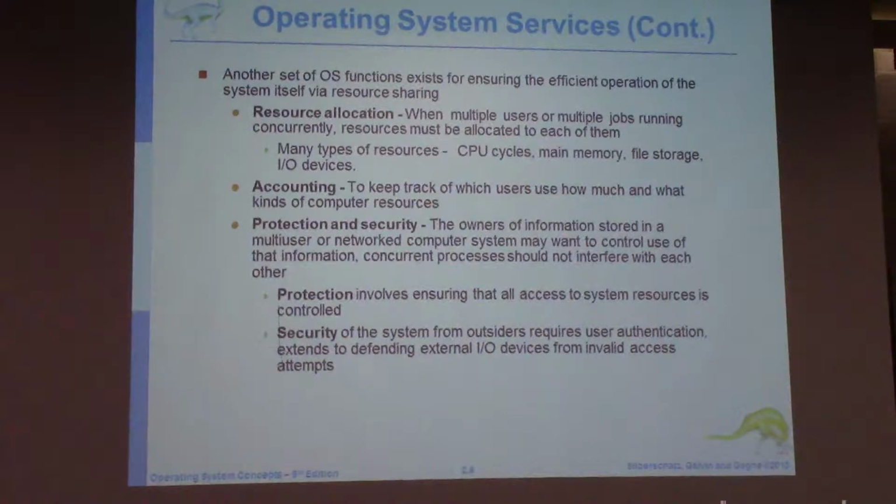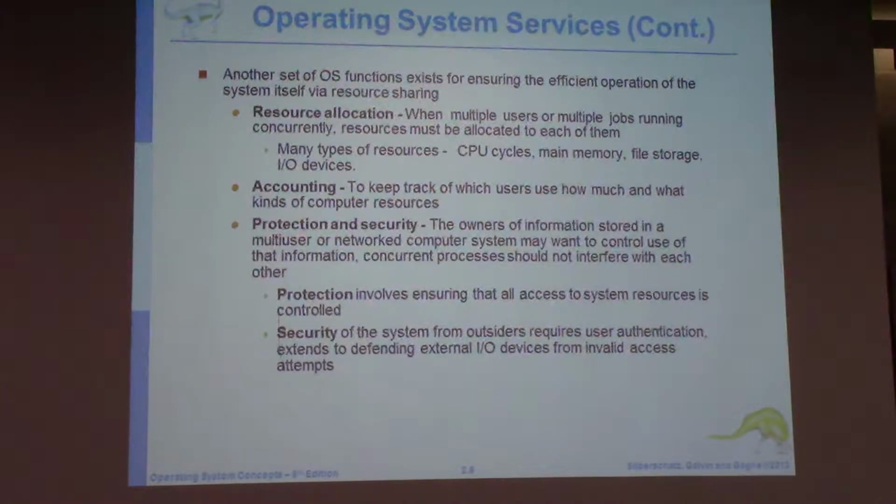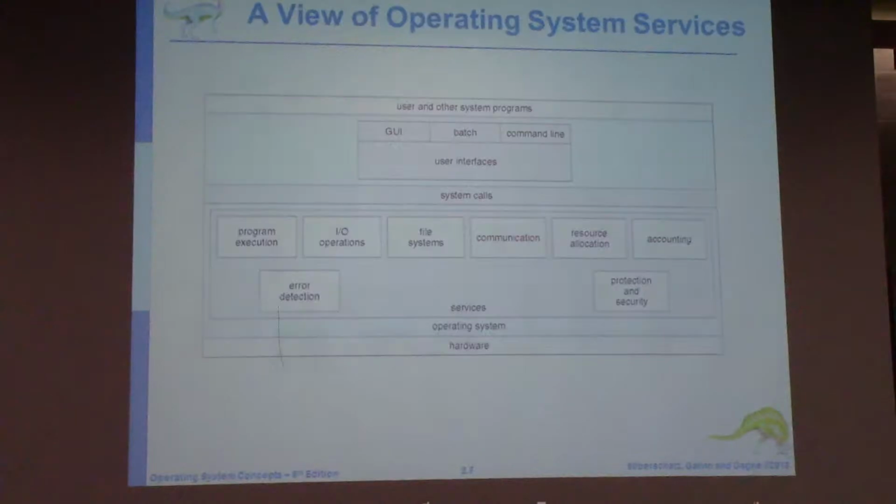So event: if something happened, then check whether this event is qualified, allowed, or unusual. That's the condition. Then action: do something. So you can use such accounting information for ECA and whatever. And also, as I introduced, protection and security. So these are the general overview of the operating system services.